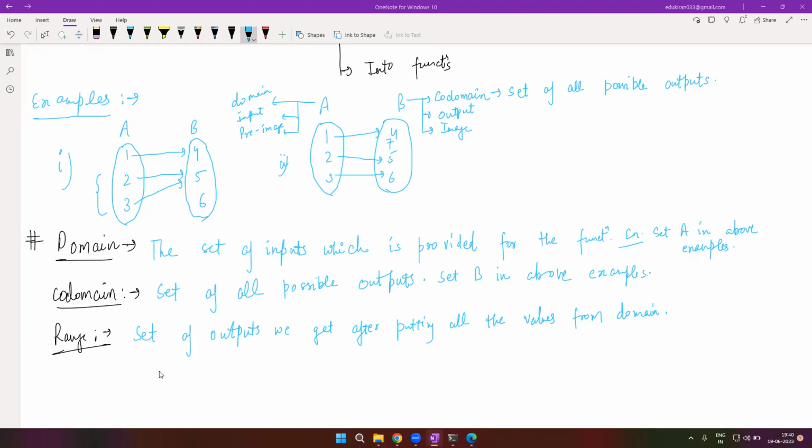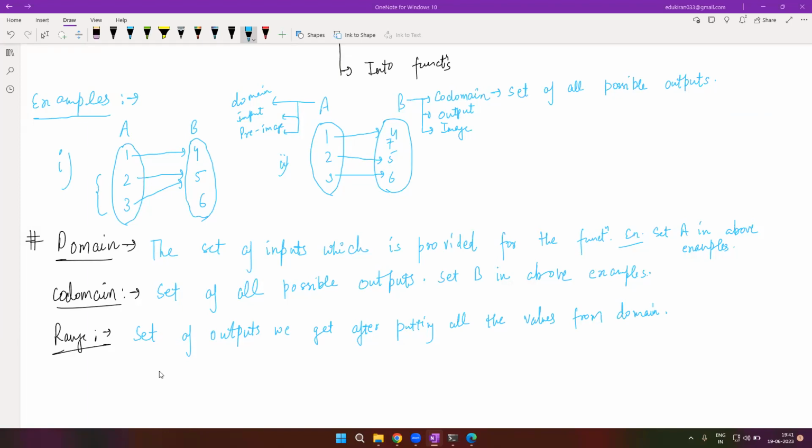For example, let's talk about any of the examples. Let's take the first. Your codomain is the set B, which is 4, 5, and 6. But your range is 4, 5. What is the difference? Range is the outputs we get. Codomain is the set of all possible outputs, the outputs we could have got. So in this case, 4, 5, 6 could be the output, but the only outputs we get are 4 and 5 after putting the inputs.